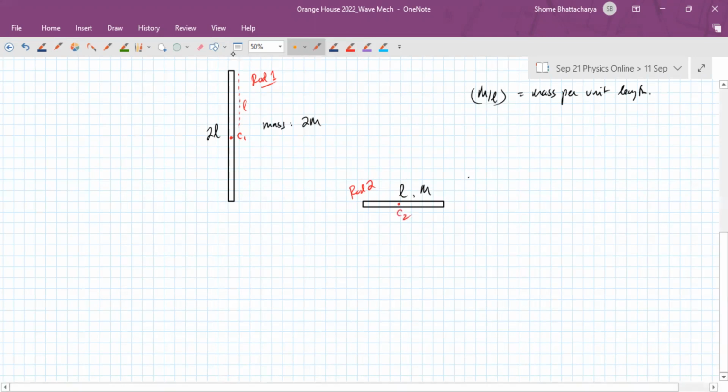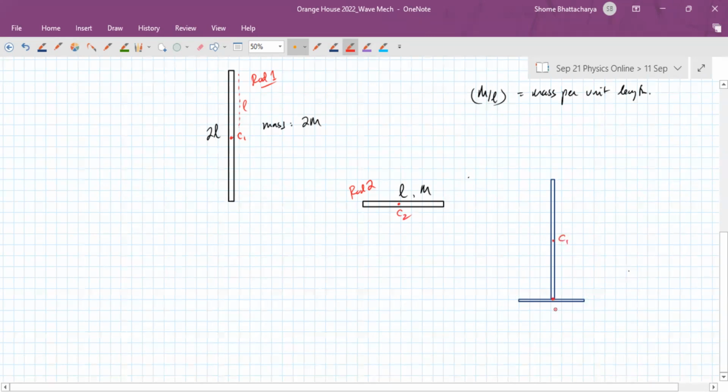So now when you attach both these rods together, like this, let's say. This one's center of mass is here.